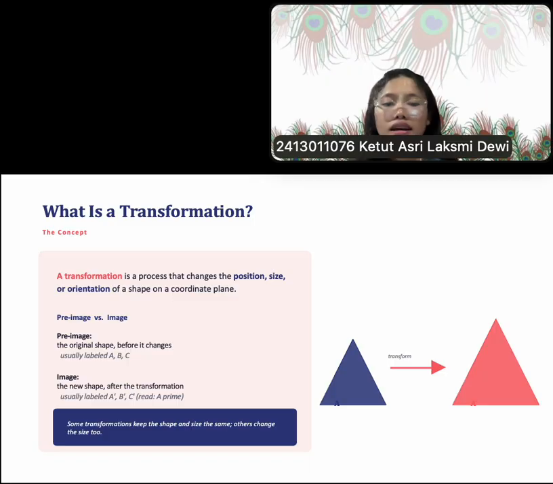We write the image with a small mark called a prime symbol, for example A', which we read as A prime. It is important to remember that some transformations only change the position of a shape, while others also change its size.